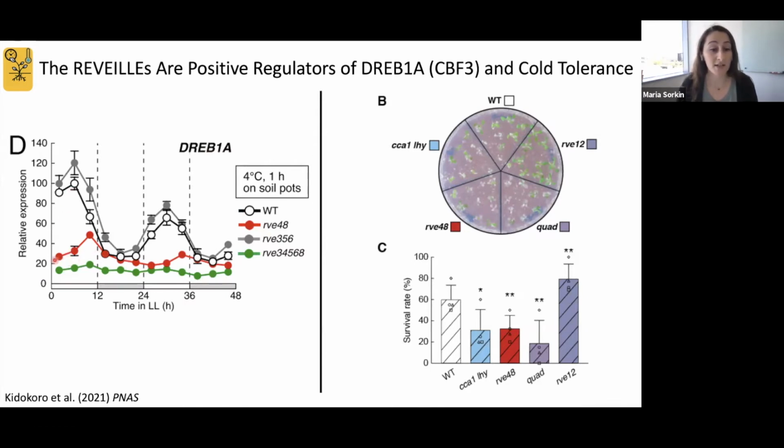Additionally, in figure D, you can see that the circadian expression pattern of DREB1A is severely dampened in these Rev mutants. They further demonstrated that this has a physiological consequence in the plant. When you knock out Rev4 and 8, the plants perform worse in freezing tolerance tests, as demonstrated in B and C.